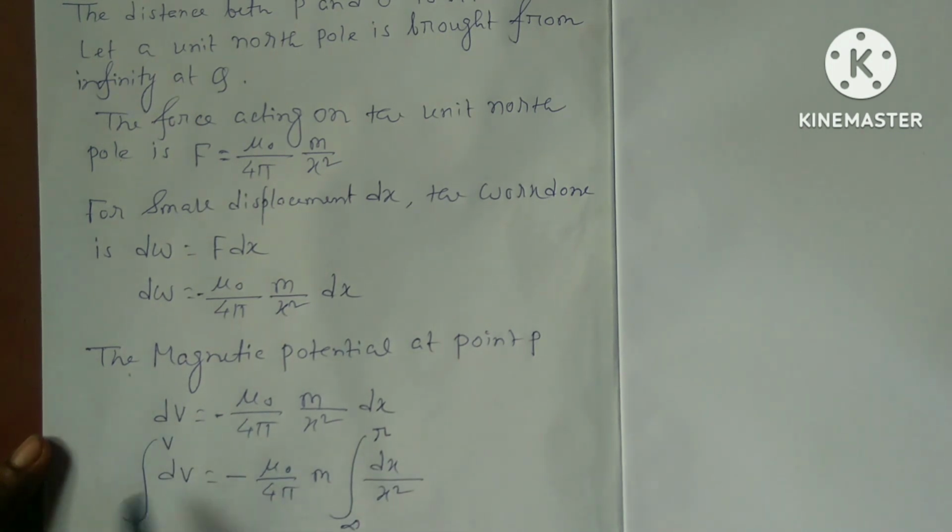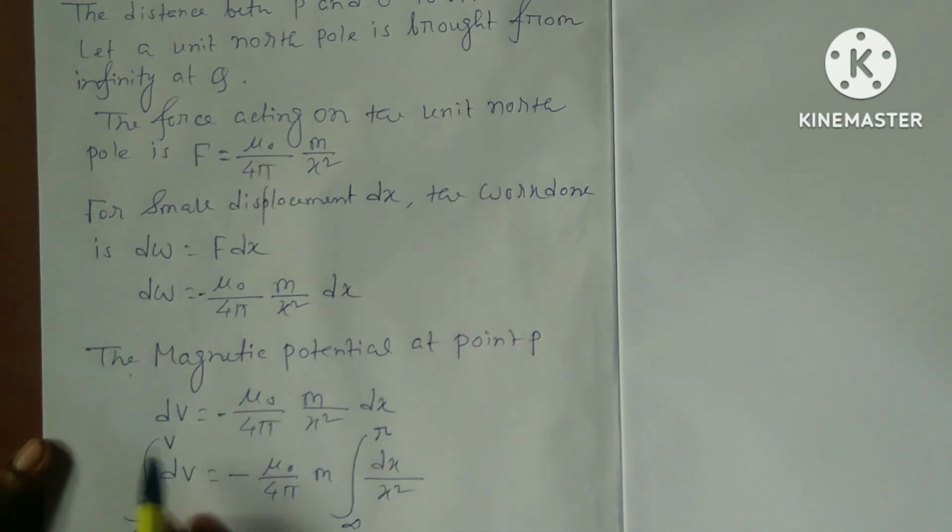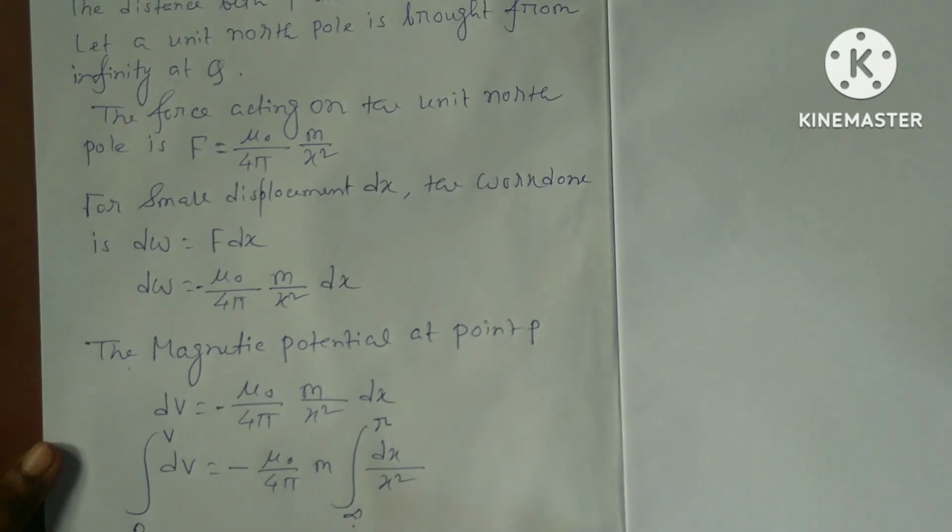So from this integration we can say when the pole is at infinity, then potential 0. When it is at r, then we get V.